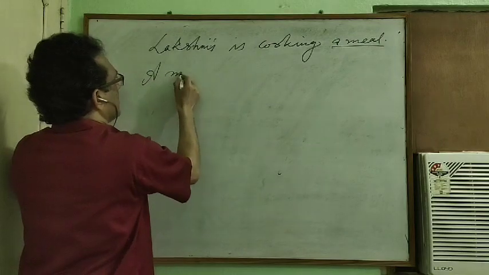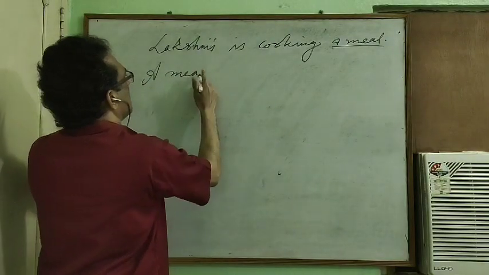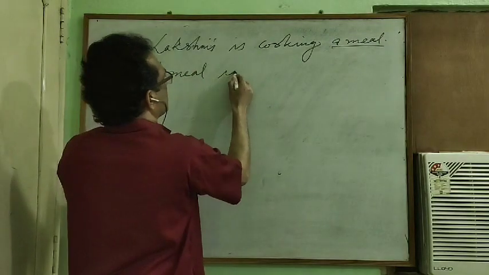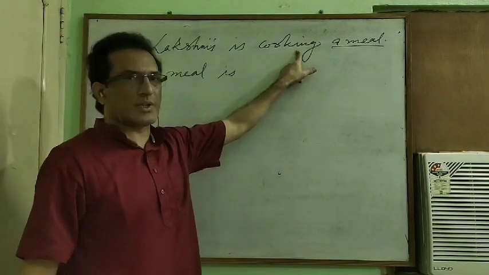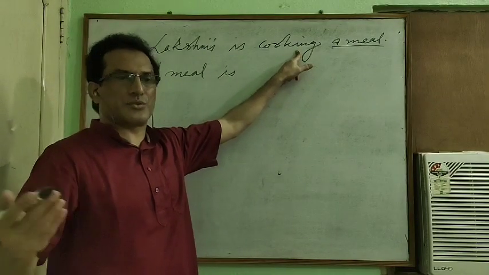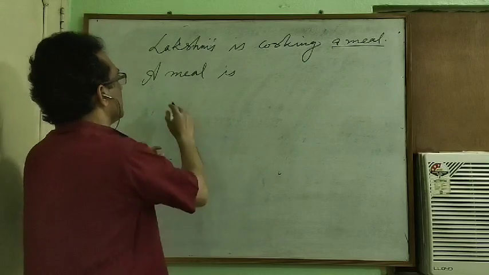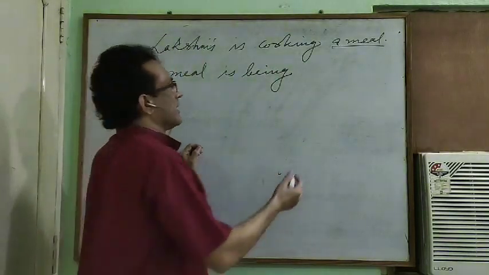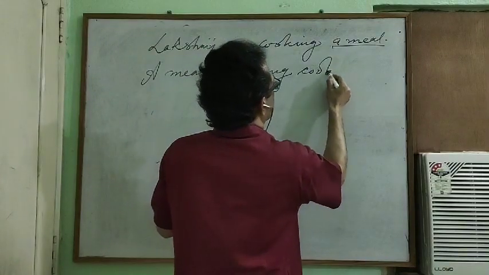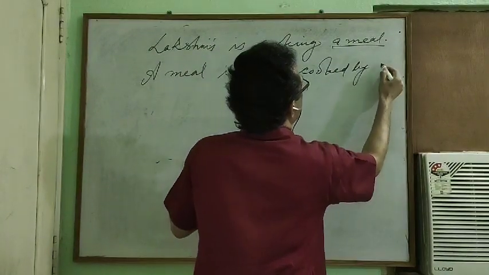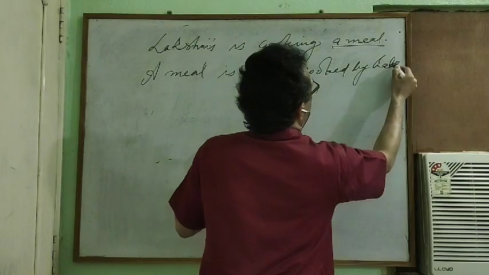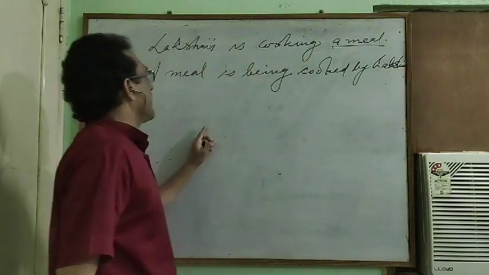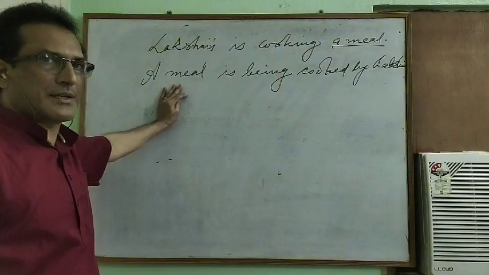So, a meal. Now "is" is already given, but here "is cooking" is continuous tense, so we have to use the form of be: being. A meal is being, and then verb 3, being cooked by Lakshmi. So this is actually the continuous form.